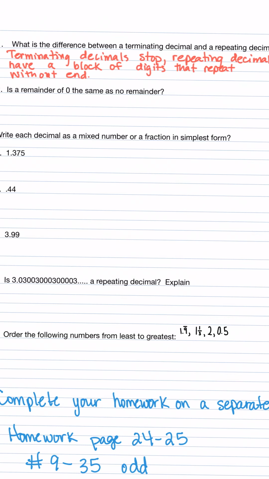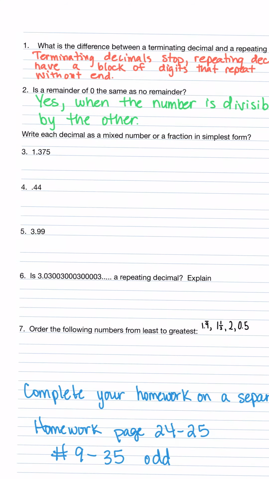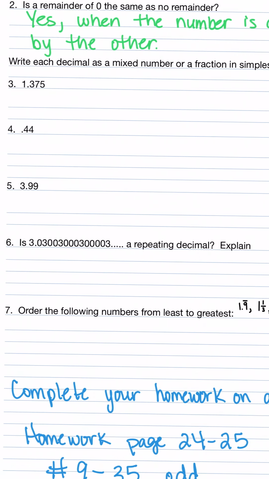Number 2, is a remainder of 0 the same as no remainder? Yes. In each case, the number is divisible by the other. Okay, so these I'd like you to try to do on your own and then check back in and be sure that you got the correct answer.